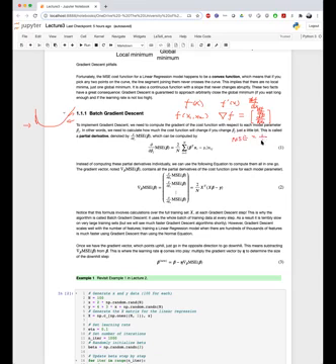Remember, MSE is 1 over n, the sum for i from 1 to n of (yi minus beta transpose xi) squared. Here beta transpose xi is the sum of beta j xij, where j goes from 0 to n. Then you can take the partial derivative with respect to beta j, and you should get this.